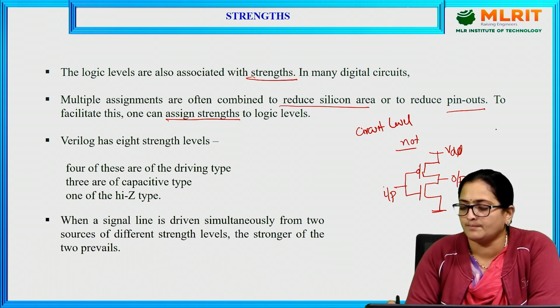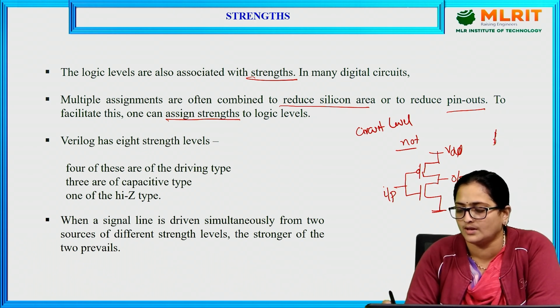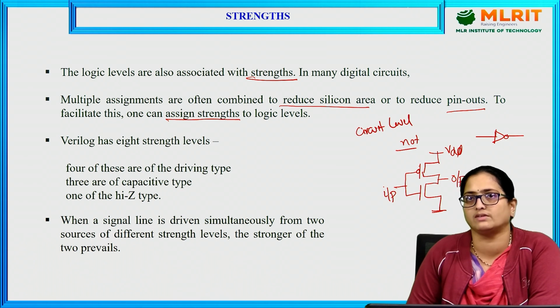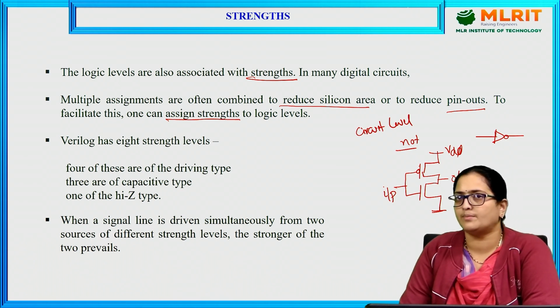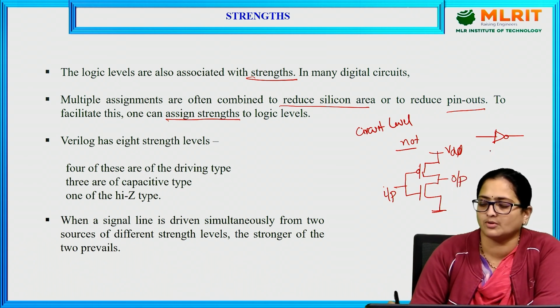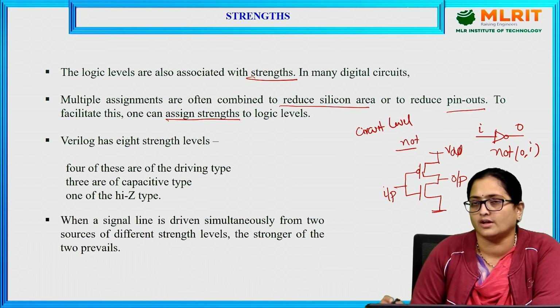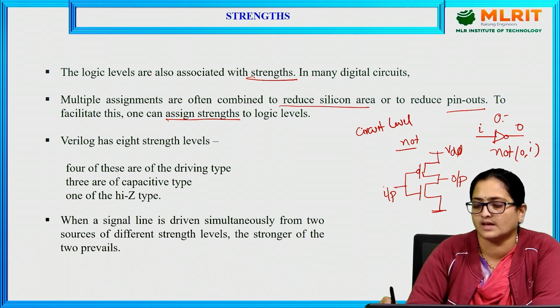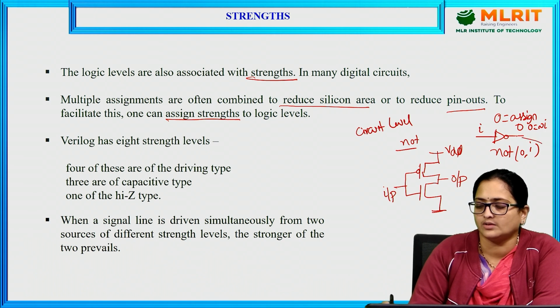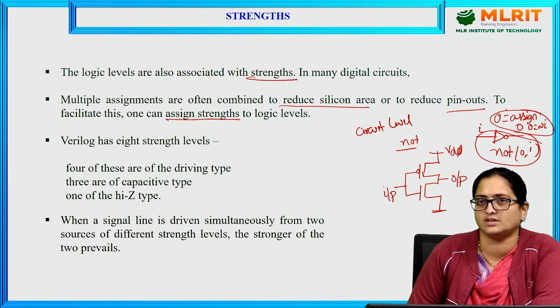For a simple NOT gate, if you want to write the Verilog code, we use primitives. And those primitives can be called here simply like NOT of output comma input. Or you can also use an assign structure, assign O is equal to complement of I. So you can either use a primitive or you can use the assign structure in data flow.